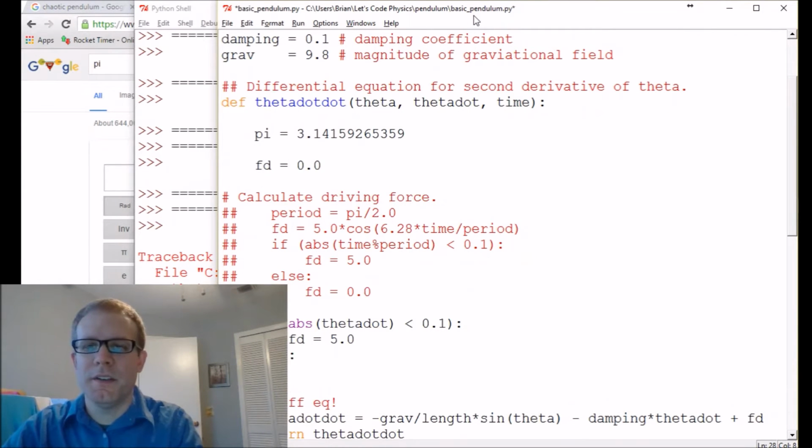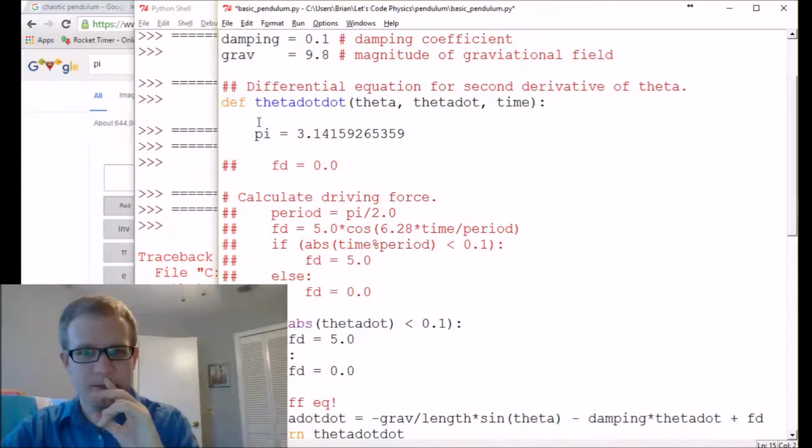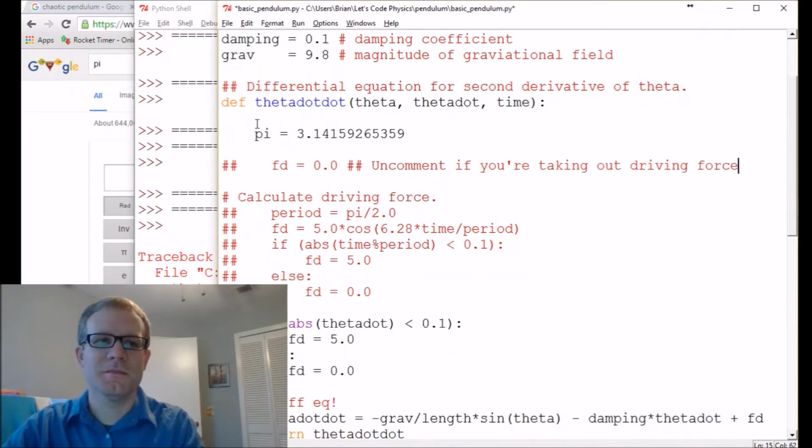And then we'll say else FD equals 0.0. And we can comment this out just so it's one fewer calculation step. Let me make a note to myself here. Uncomment if you're taking out driving force.